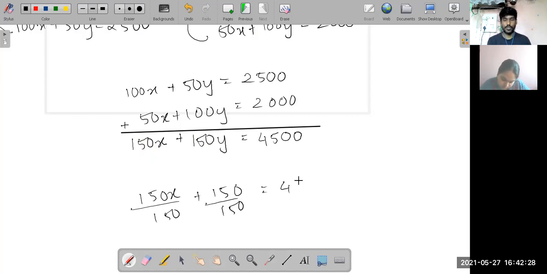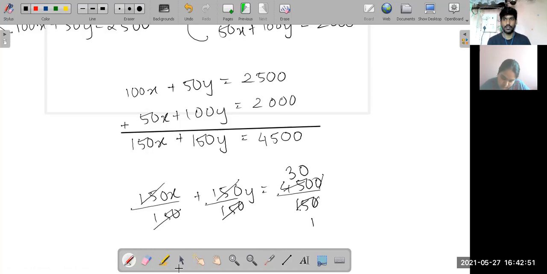and 4,500 upon 150. 150, 150 cancel. Here also 150, 150 cancel. And this you have to divide. So 0 can be cancelled. And 15 ones are 15, 15 threes are 45.